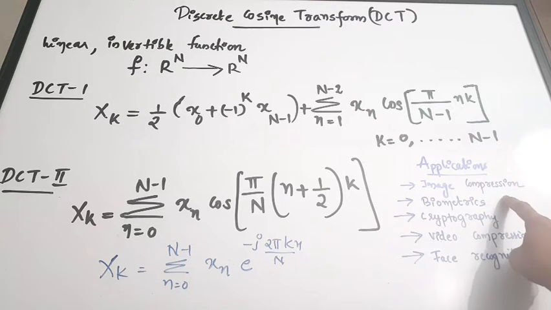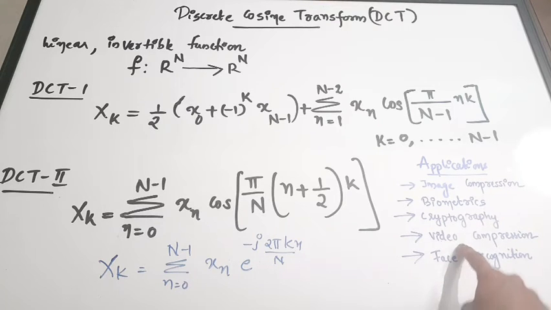The first and most important application is image compression, then video compression, biometrics, cryptography, and face recognition. Mostly we make use of DCT to compress our images and videos and make them suitable for sending to a distant location. So before sending an image file or a video file, we compress it, and for compressing it we make use of DCT.